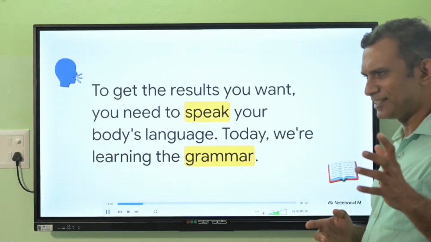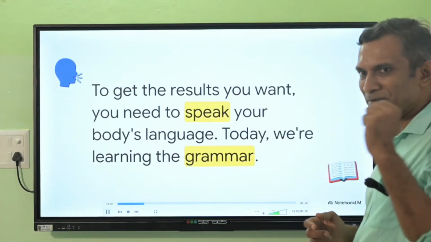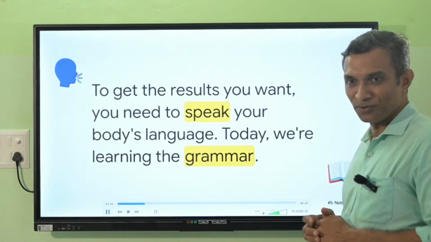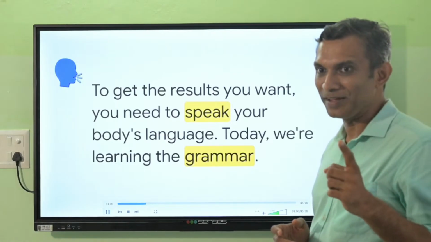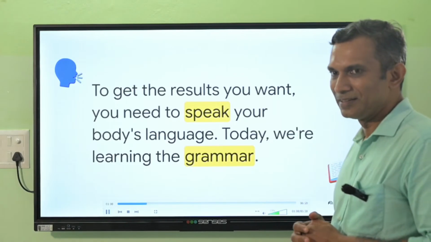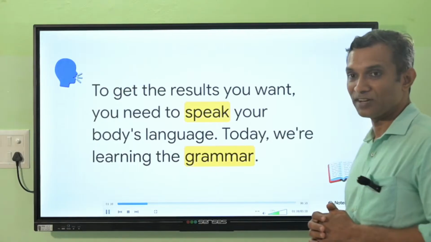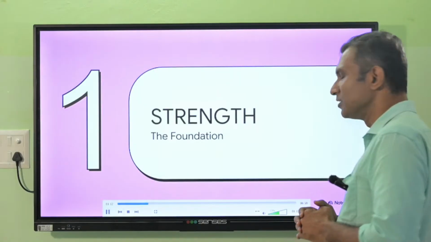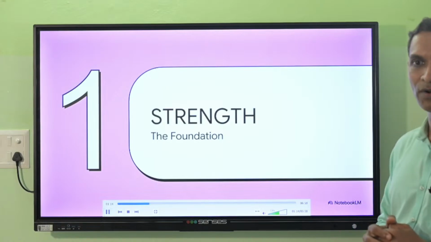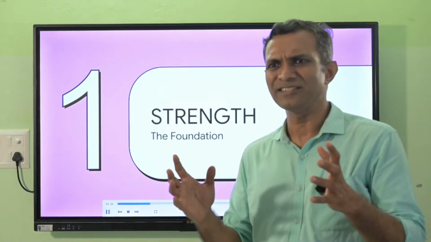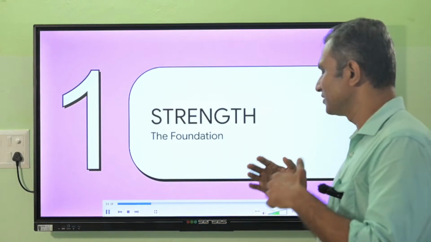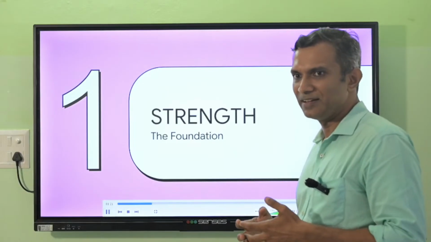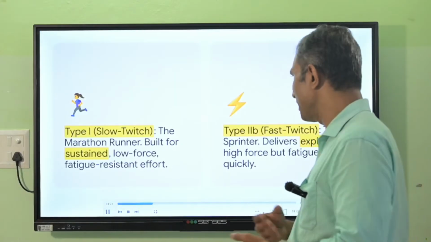Today we are going to discuss the grammar of muscle functioning. If we need to speak the language of the body, we need to understand the grammar. Grammar is nothing but a structured training regimen. Strength is the foundation of any program, but it's just one aspect of it. There is strength, flexibility, endurance; it's multi-dimensional.